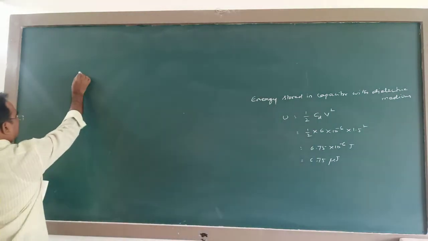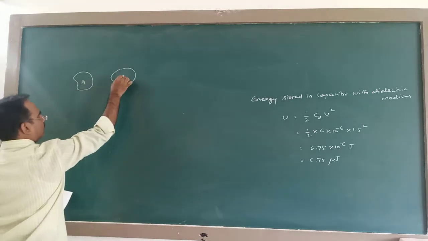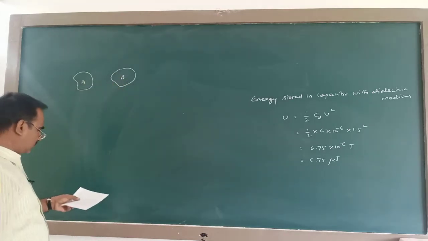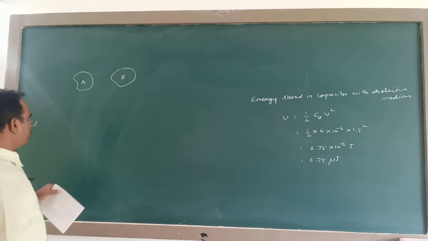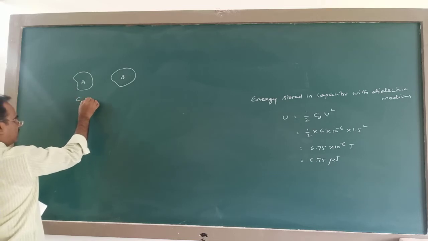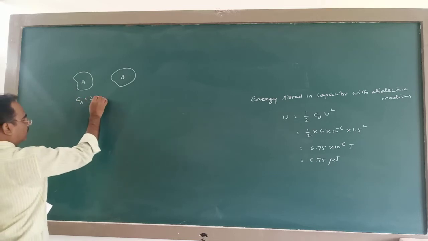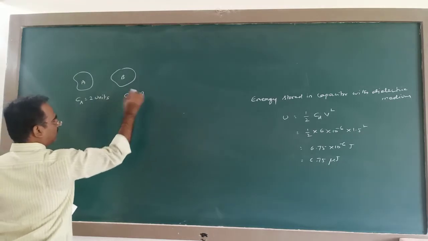Here there are two conductors, A and B. One of them has a capacity of 2 units. The capacitance of A is 2 units. Capacitance of B is not known.